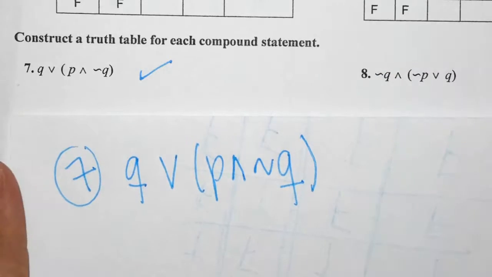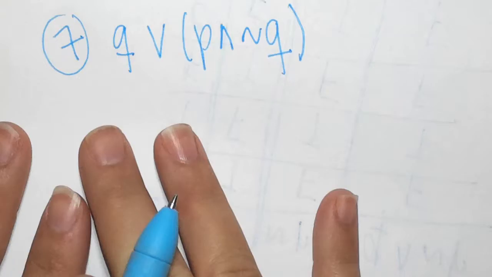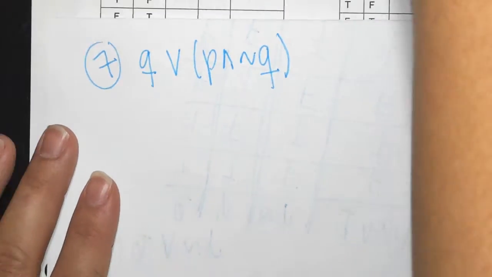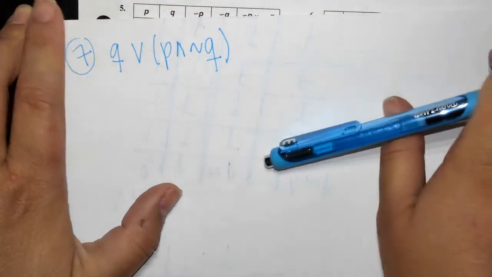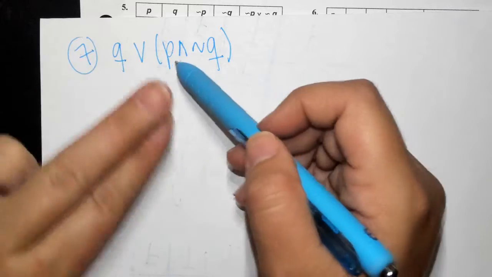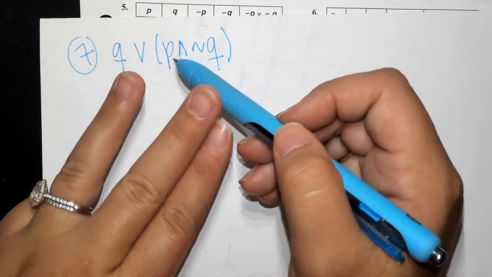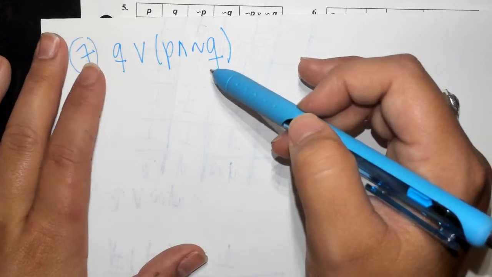Okay, here's the thing. How many original statements do we have? We have Q, we have P, and we have not Q. That's technically 3 statements because Q and not Q are not the same thing.